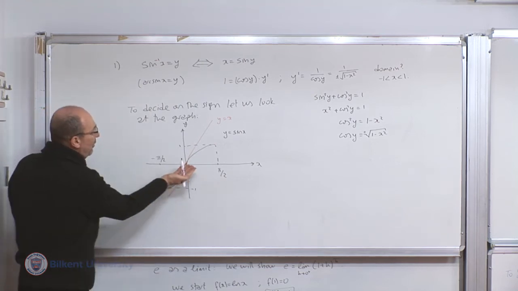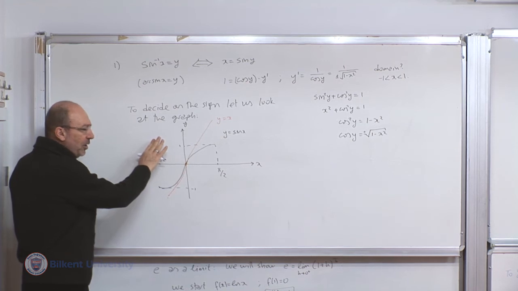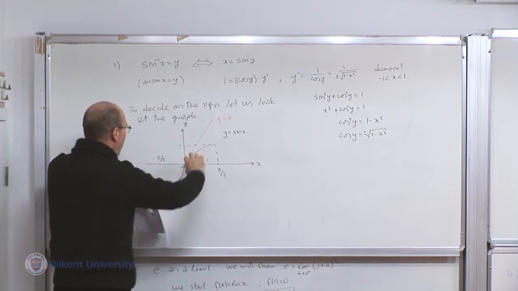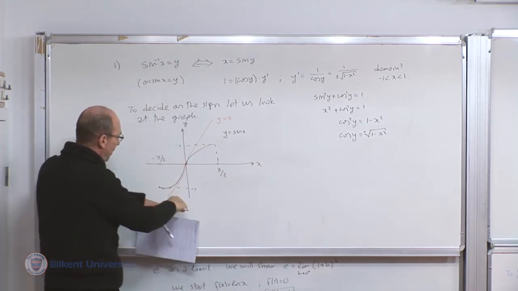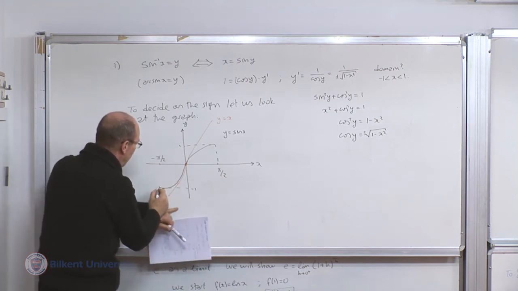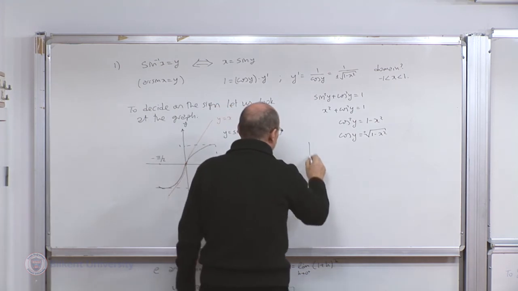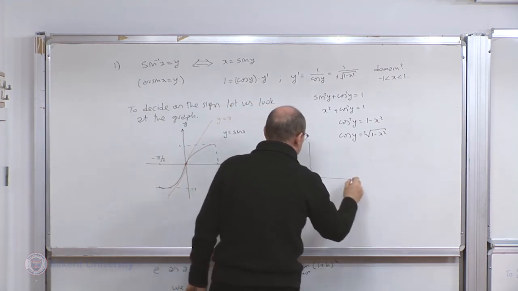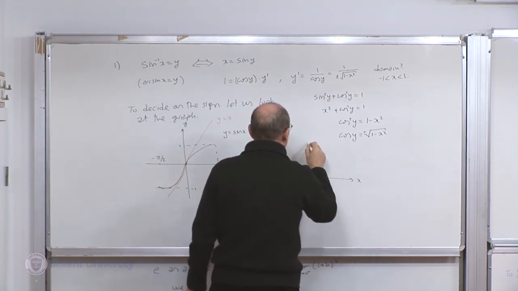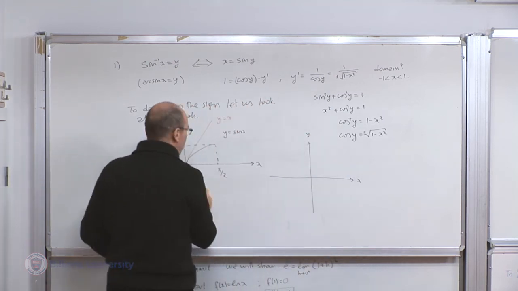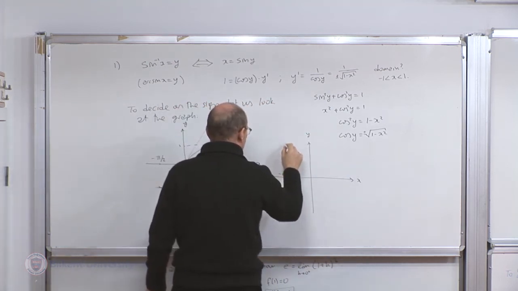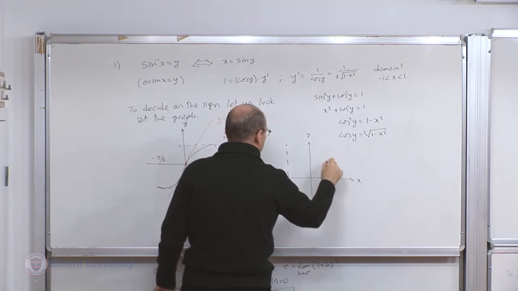Now we reflect this on this side and see what happens. You see, when you reflect, this part becomes here, and since this is horizontal here, it becomes vertical. So let me draw it here. Here I have minus 1. Here I have 1.